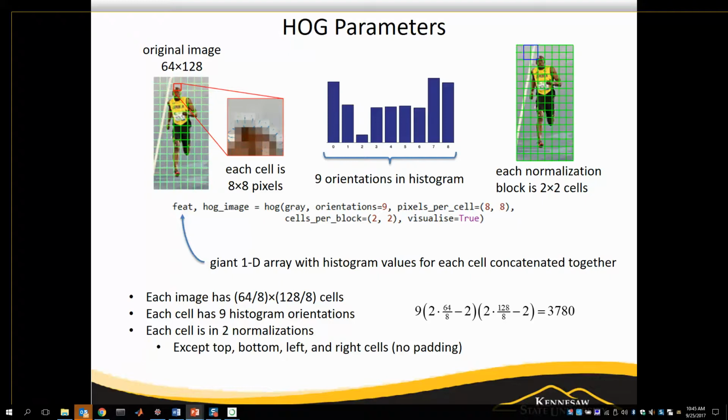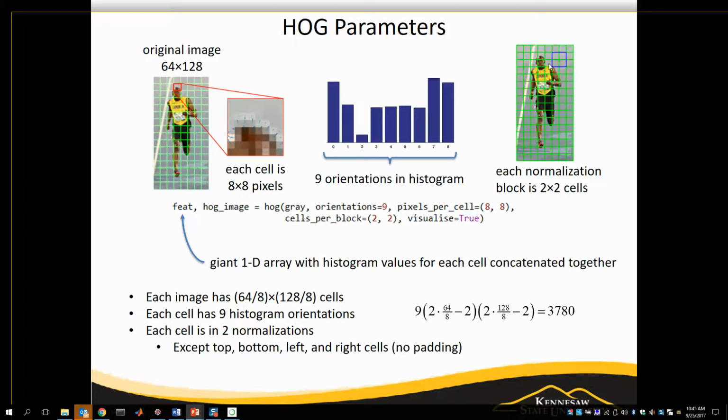Okay, and essentially the way I can get that 3,780 is this. The original image is 64 by 128. I divide by 8 by 8. That tells me how many cells there are. And then each cell has 9 histogram bins in it. And actually, each cell is in 2 normalizations.